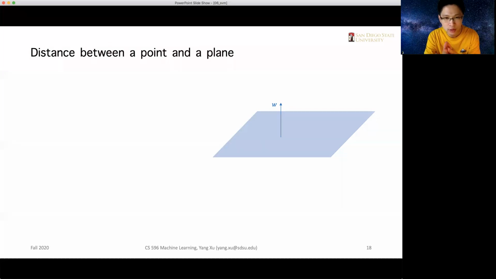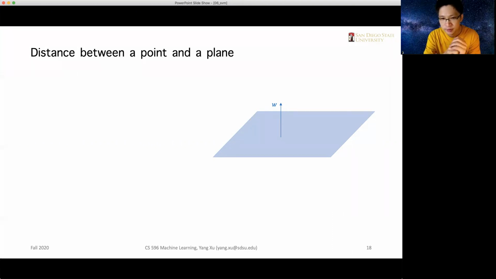So the quantity that we want to optimize is the distance between the nearest data points and the decision boundary. And the decision boundary in higher dimensional space is a hyperplane. In 2D space, it's a line. In 3D space, it's a plane. But in a higher dimensional space, it is a hyperplane.